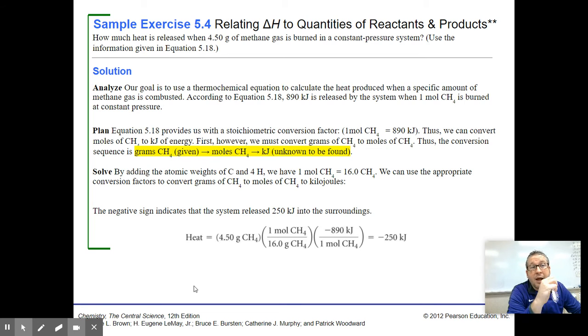There it is right there, that constant pressure system. We saw this yesterday. We talked about pressure-volume work and the pistons and everything like that, and how we are almost 100% of the time, at least in our classroom, conducting experiments under constant pressure systems. So it finishes by saying, use the information given in equation 5.18.